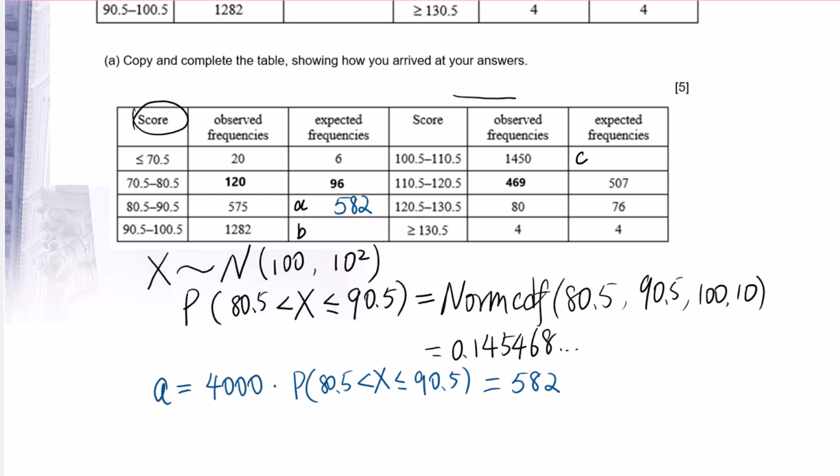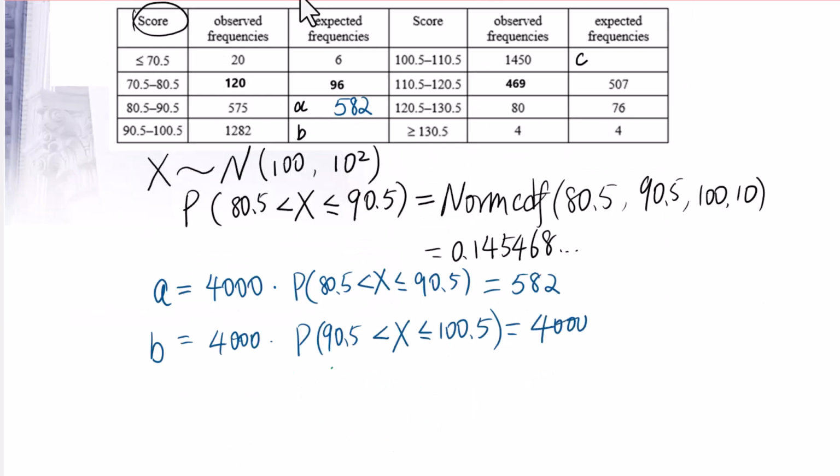We will use the same way to figure out B. B equals 4,000 times probability of x greater than 90.5 less than or equal to 100.5, equals 4,000 times norm CDF 90.5, 100.5, 10.